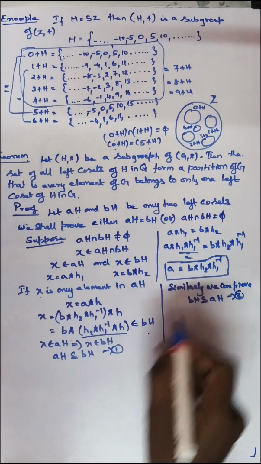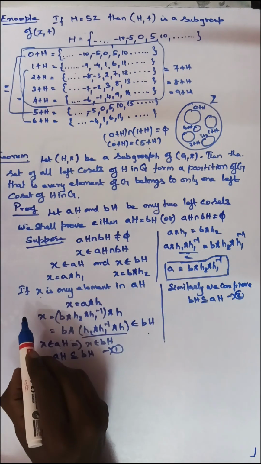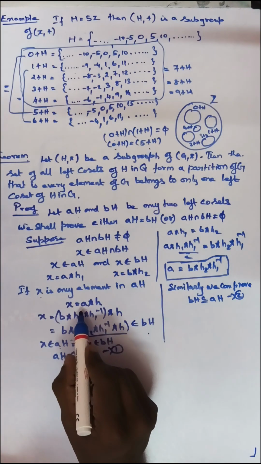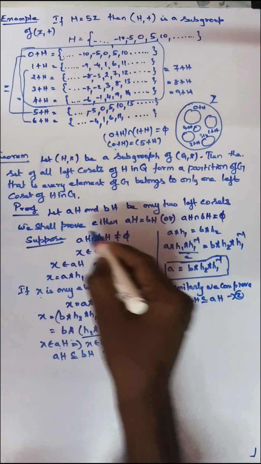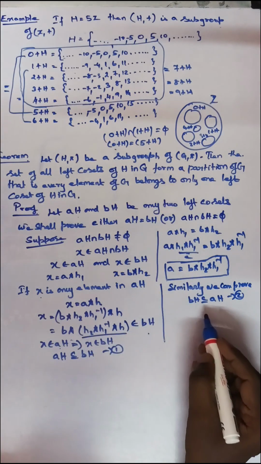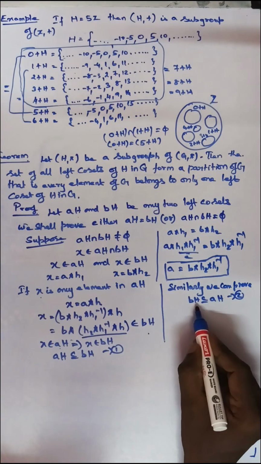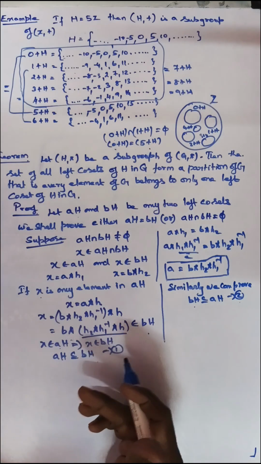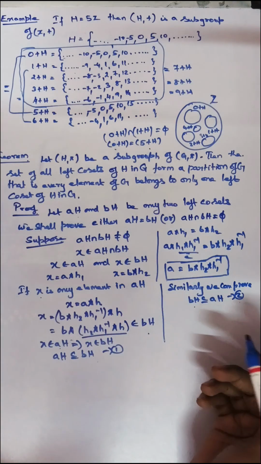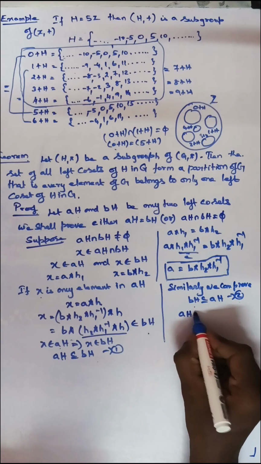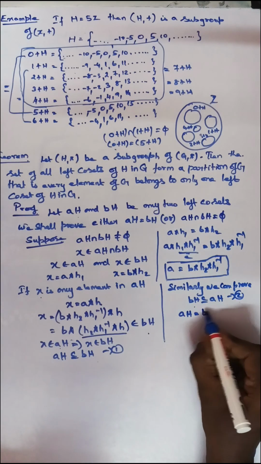In the same steps, if you take any element y belonging to BH and y equal to A star H, start from the beginning and you can prove that. So from 1 and 2, if AH is a subset of BH and BH is a subset of AH, this is possible only if AH is equal to BH.